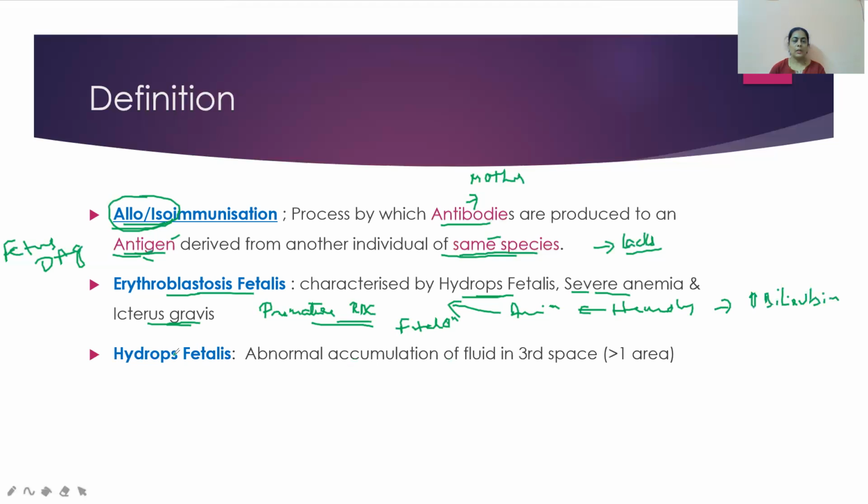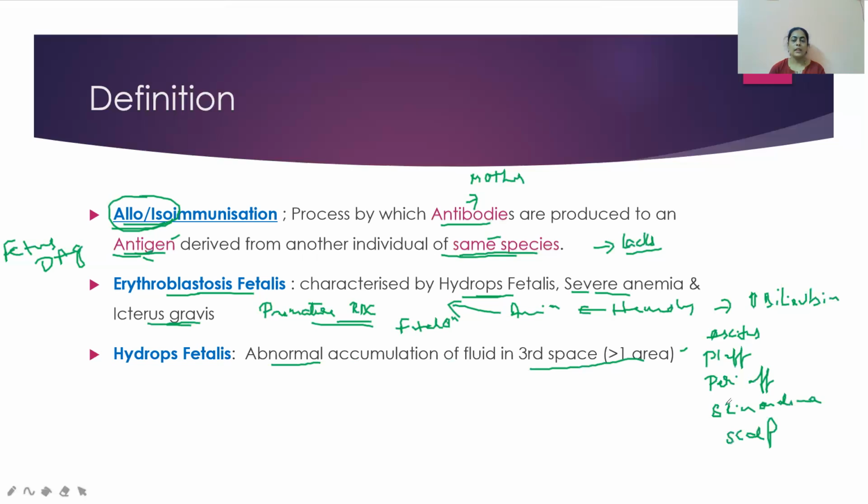What is hydrops fetalis? In hydrops, there is abnormal accumulation of fluid in the third space, in more than one area. So where does the fluid get accumulated? As ascites, fetal ascites, pleural effusion, pericardial effusion, skin edema. If it is more pronounced around the scalp, it is called scalp edema.